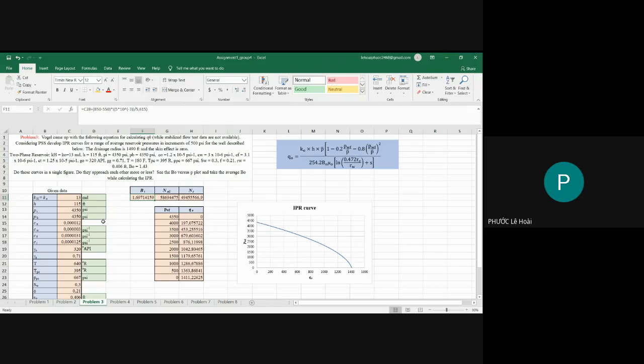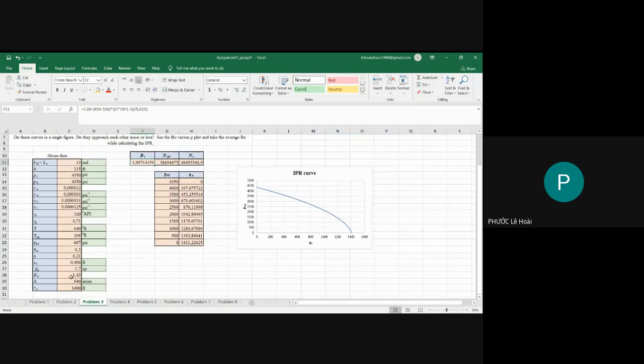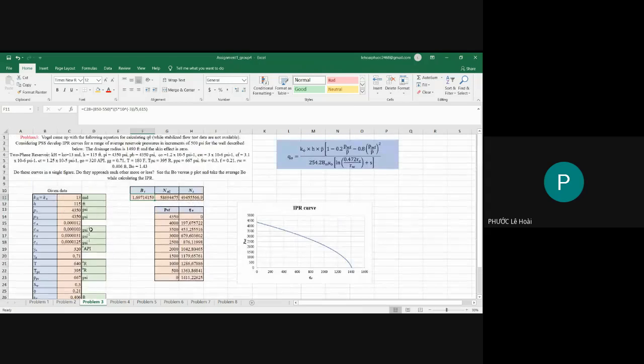For the BT here, we will use B0 plus a constant. After a long calculation, we will have this number here. The same for NI and NT here, and the formula over here is the formula to calculate the flow rate.